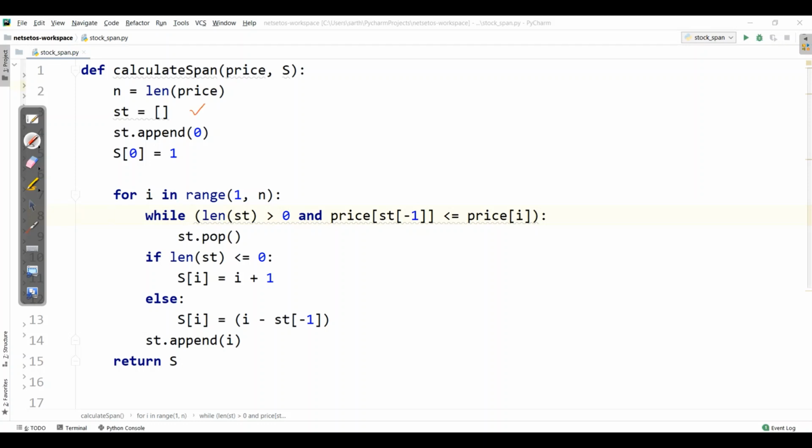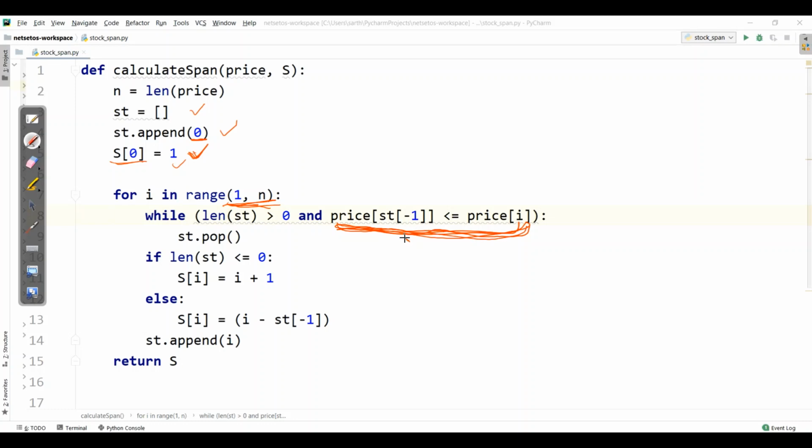First we made the stack, then appended the first index as it is, and the span for it will be 1, as it is the 1 day span. So we will initialize the first span as 1. Then we will iterate from 1 to the length of the prices, and there we will check for each price whether top of stack price is greater than current price.